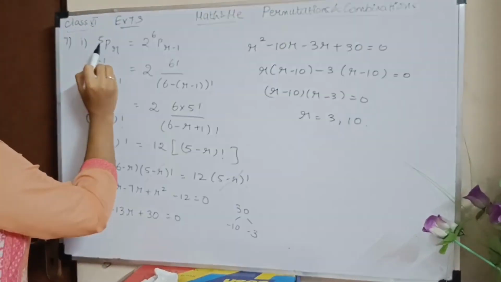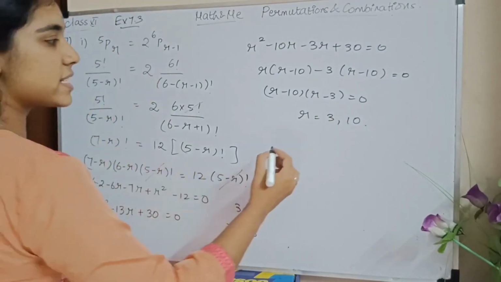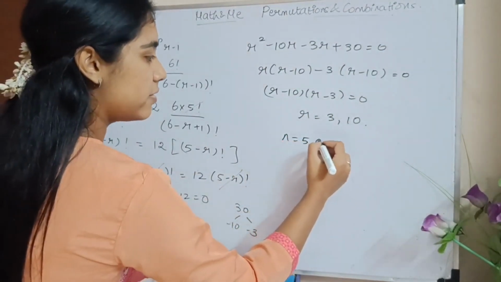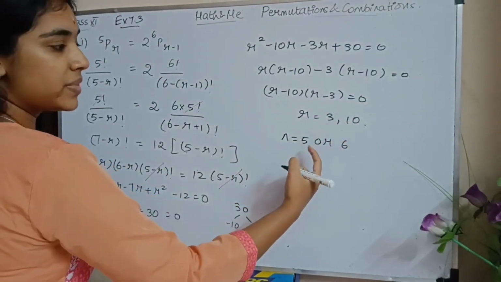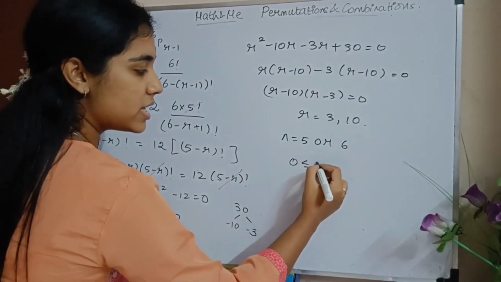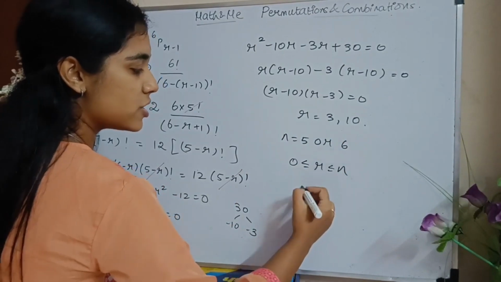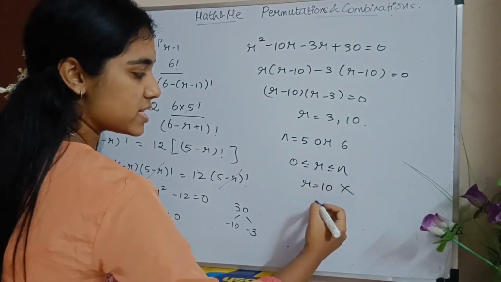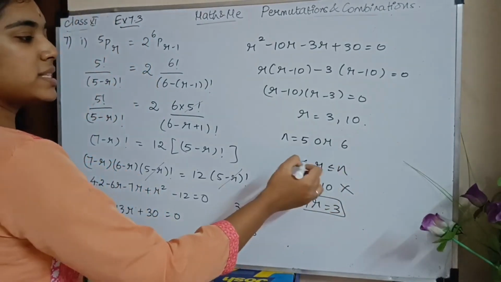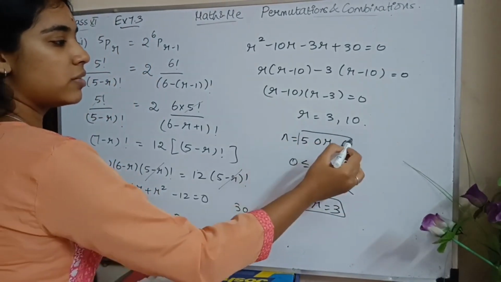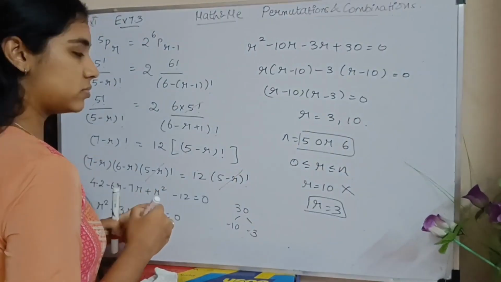But you see that your n value is 5 and 6. Your n is 5 or 6, your r value cannot be greater than n. r is between 0 and n, so rejecting r equals 10, my r value is 3. Okay, r has to be between 0 and n. The maximum value of n is 5 or 6, so r cannot be 10.